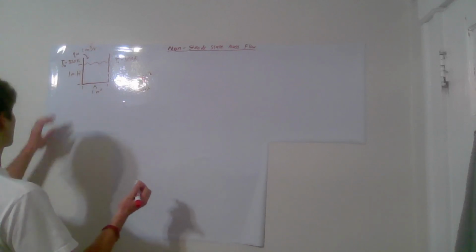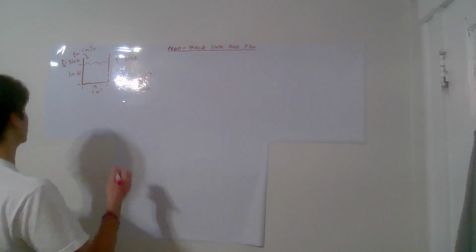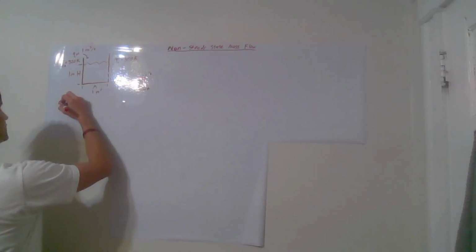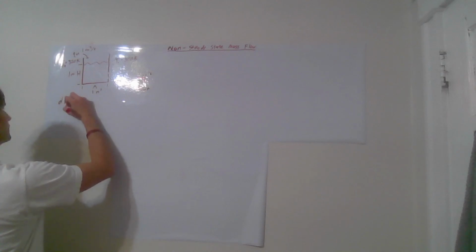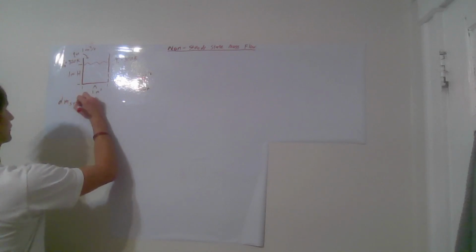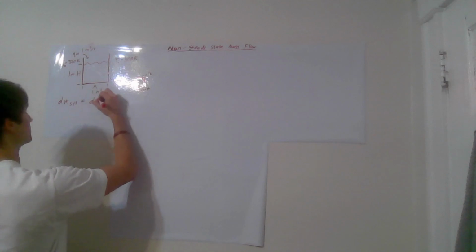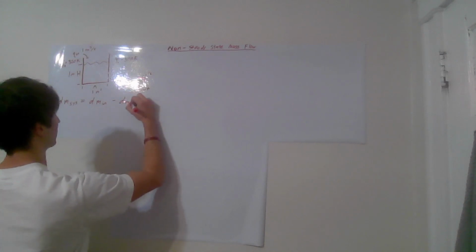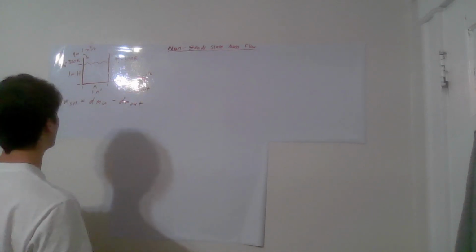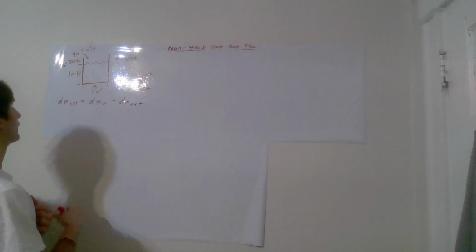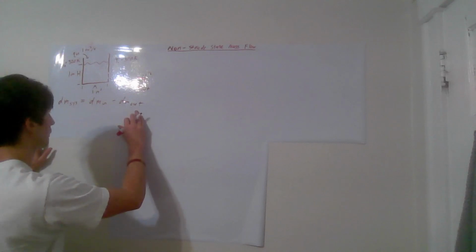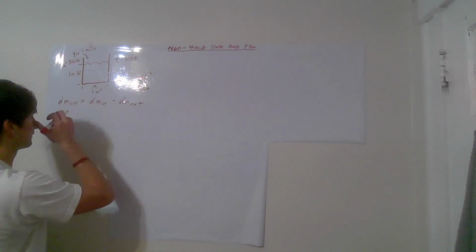We're going to start with the change in the mass of our system, and we're going to set that equal to the change in the mass going in minus the change of the mass going out. The way we're going to determine this is we're going to use our values as well as density to input into these equations.